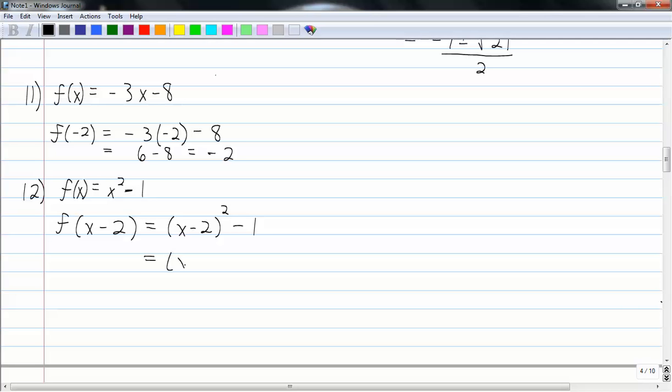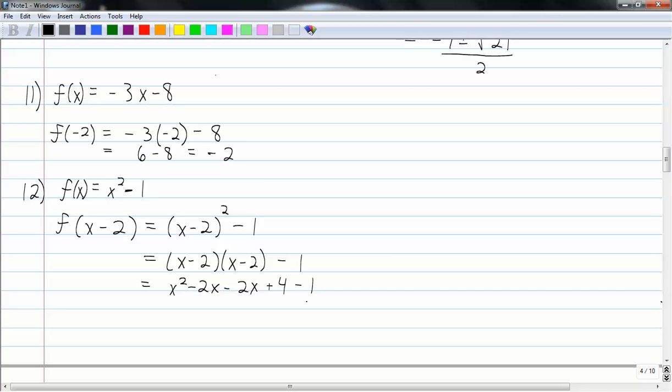All right, so that's x minus 2 times x minus 2 minus 1. So fold that out. So it's x times x is x squared. X times negative 2 is negative 2x. Negative 2 times x is negative 2x. Negative 2 times negative 2 is positive 4.